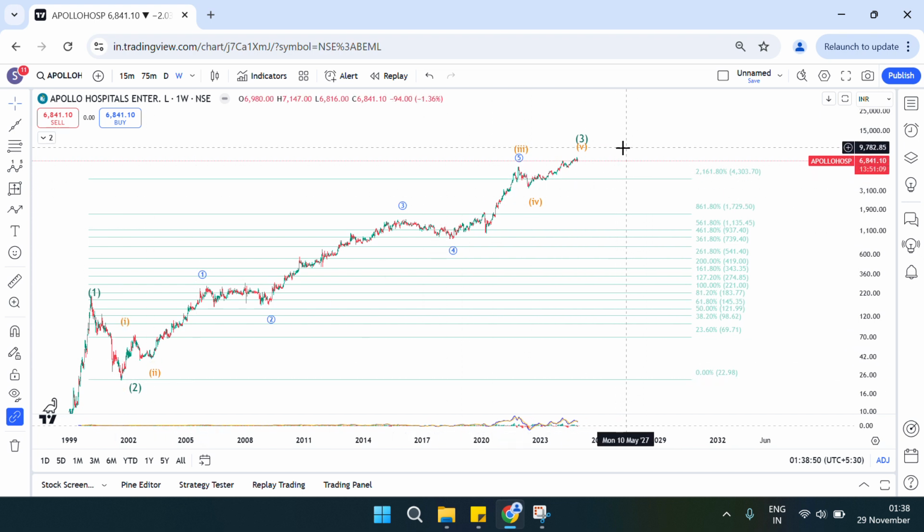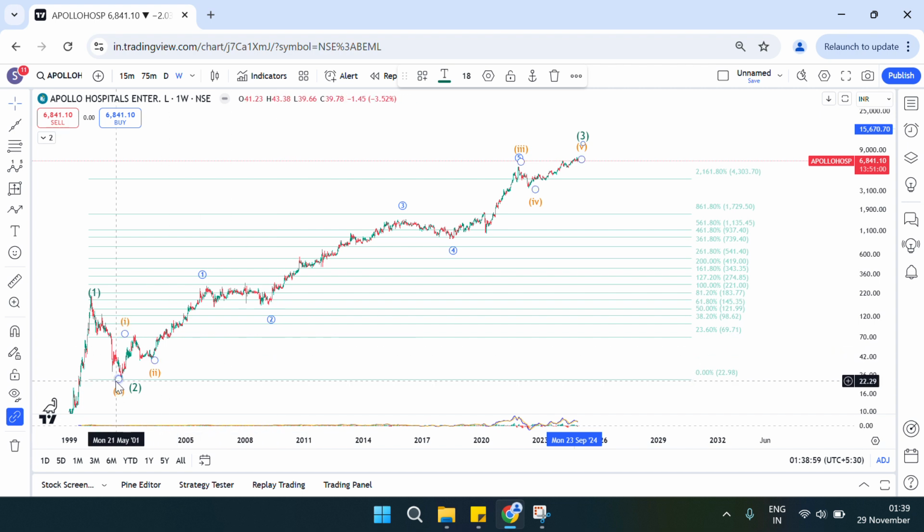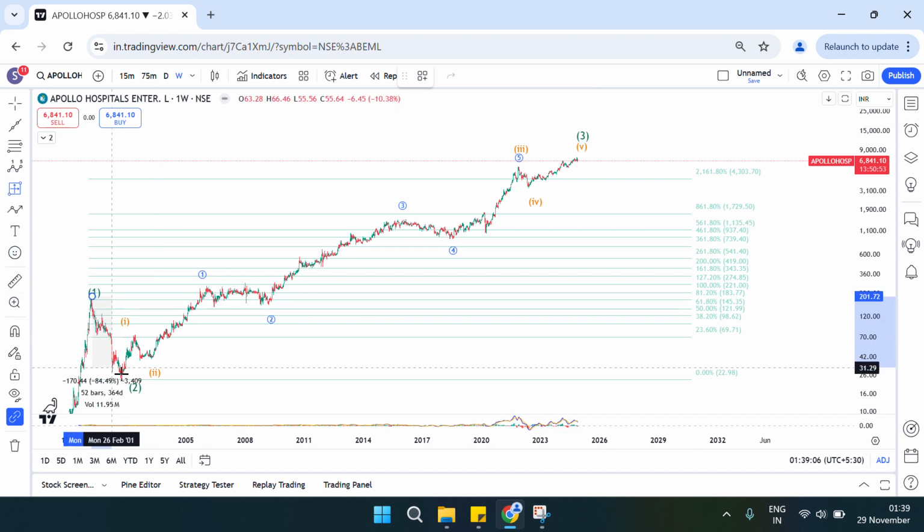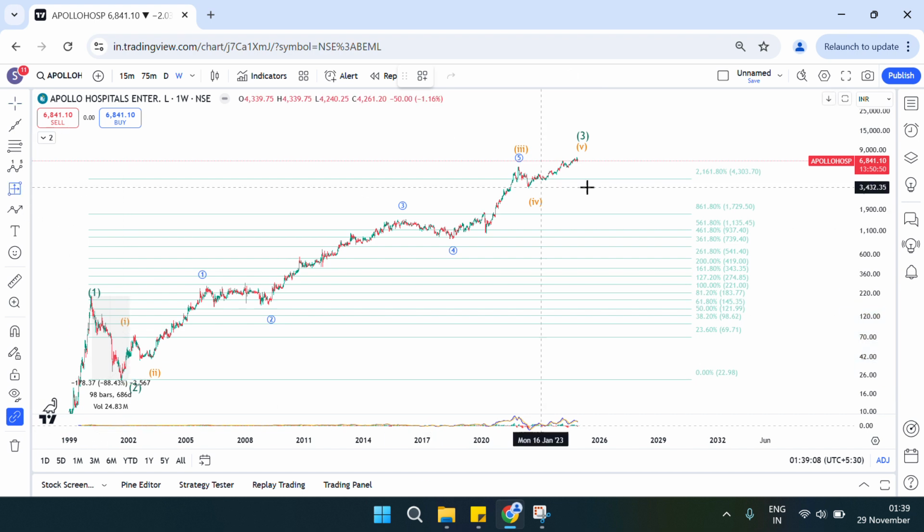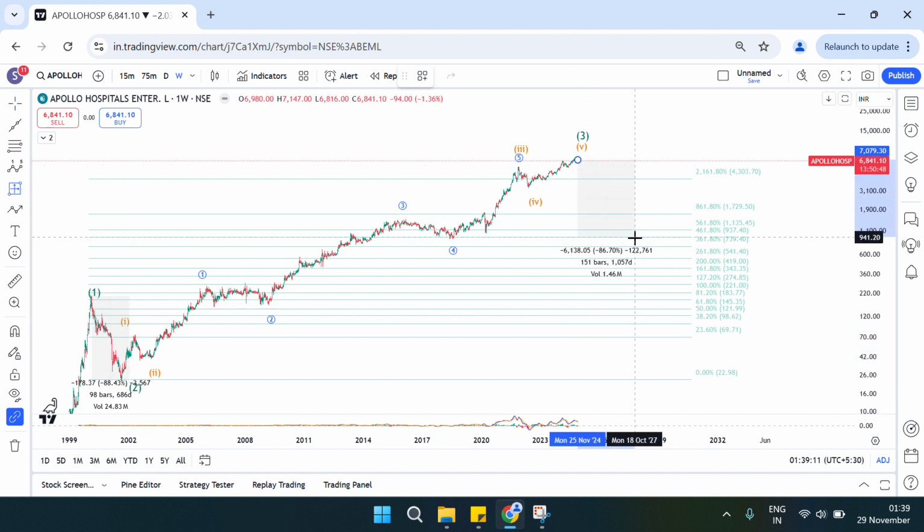The top is getting formed right now, but see the kind of extension it has seen. We are again expecting to see a fall of close to about 88% from here, and we may have price back to somewhere close to 1000, which is where we are expecting wave 4 to be, and then it will continue its journey to make wave 5.